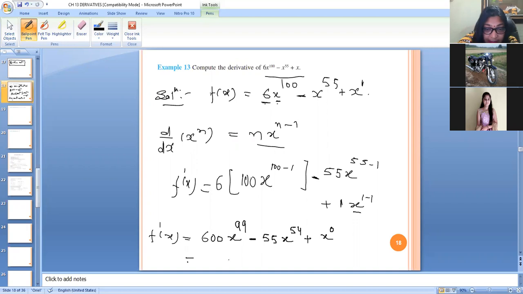The complete answer is 600 x raised to power 99 minus 55 x raised to power 54 plus 1.